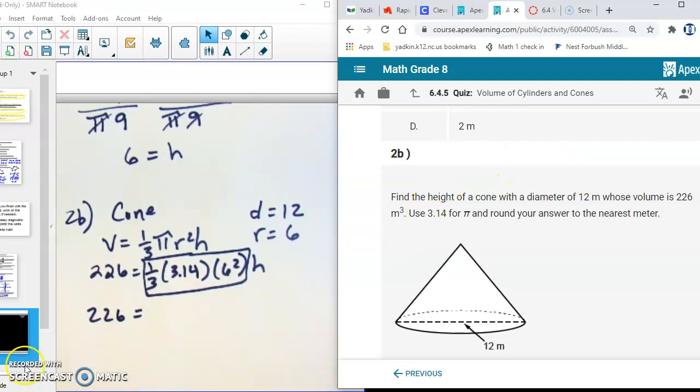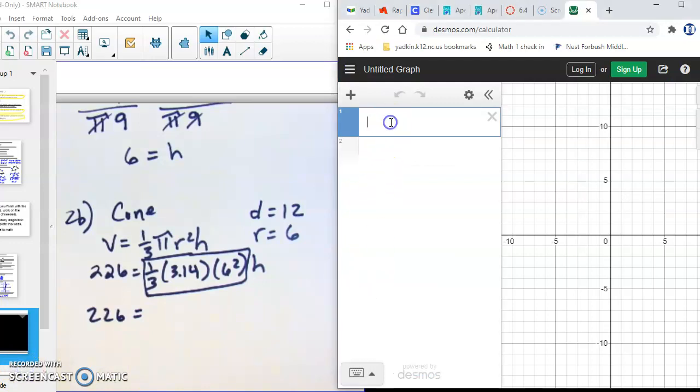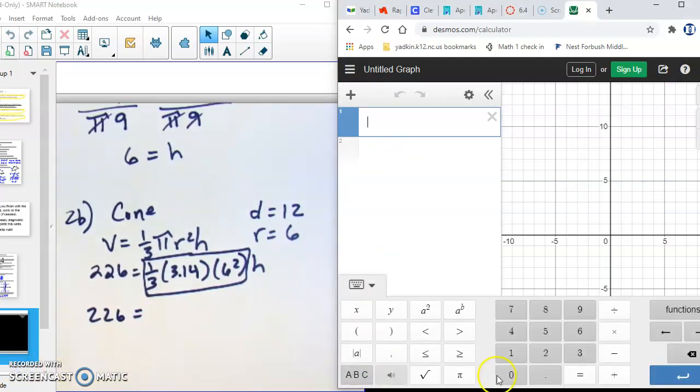Alright, so we're going to put this in Desmos. Open up the keypad here, and I'm going to put 1/3 in parentheses, 1 divided by 3. Don't put close parentheses because it'll just put it around the 3. Just click over here and open up another set of parentheses and see it closes it for you. Times 3.14, close the parentheses, open the parentheses. What is 6 squared? It is 36. So you could either put 36 or 6 squared because they're equal to each other.